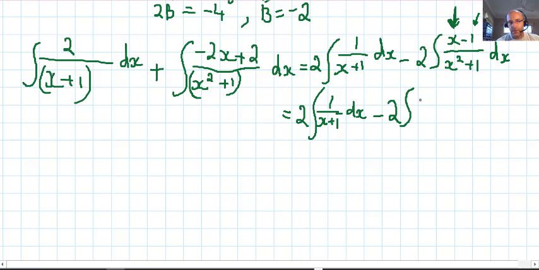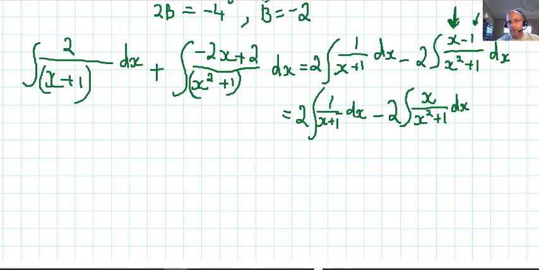Okay, so splitting the numerator up, we can say it's 2 outside of the integral of x over, just basic fraction operations, x over x squared plus 1, and also we can put the 1, it's a -1 actually, over x squared plus 1.